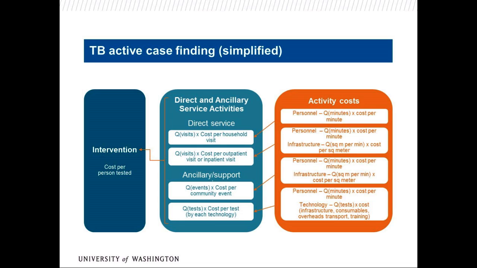Ancillary costs in this case are community events to raise awareness, and then of course the test kits and the cost per test. So you need to understand the cost per test times the quantity of tests you use. This is just one way to break it down, to figure out what you're doing, and then get the P's and the Q's all lined up.